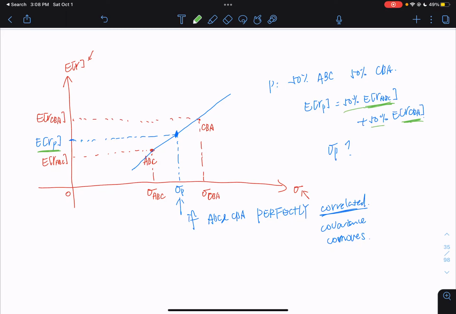But your sigma P will change if the covariance is negative. So it will go to somewhere here, for example.